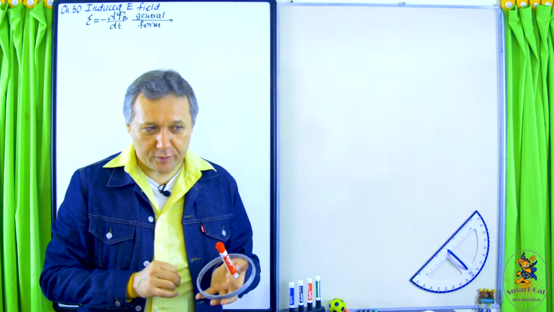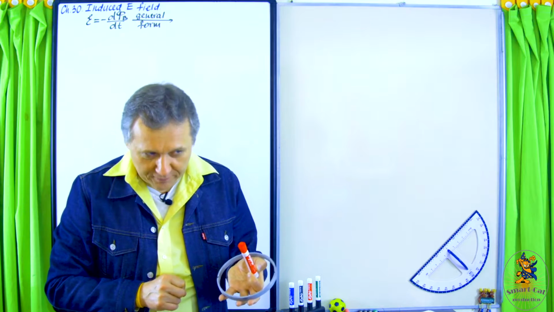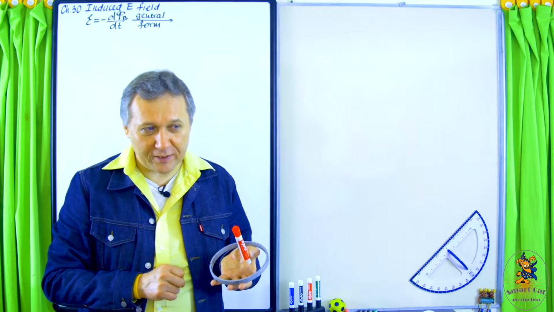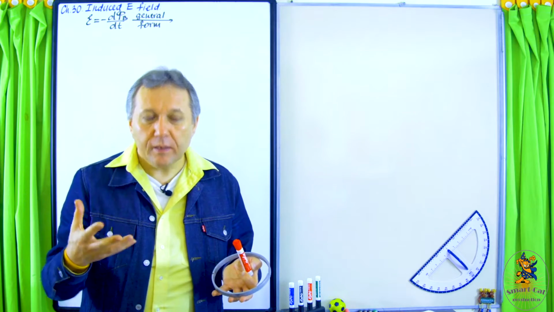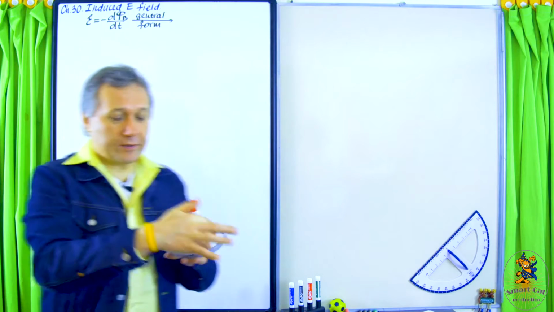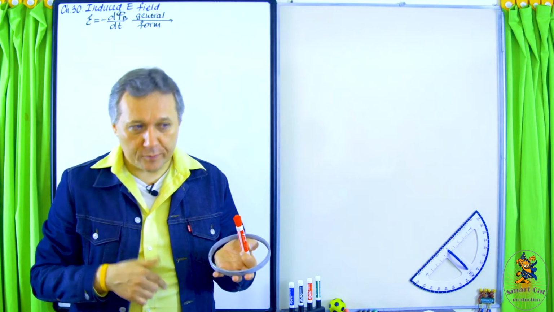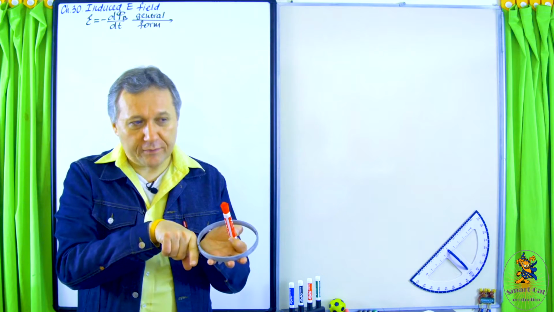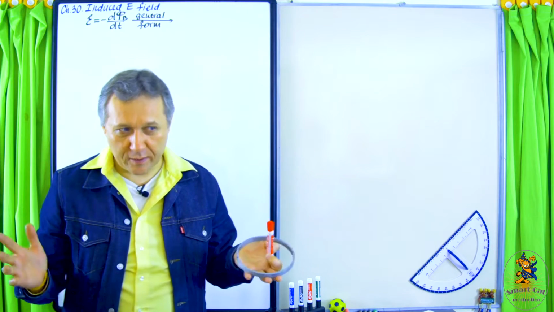In order to produce electric current, there must be an electric field, period. We call that electric field the induced electric field. The electric field lines form circles, and at any point, the electric field is tangent to the loop.